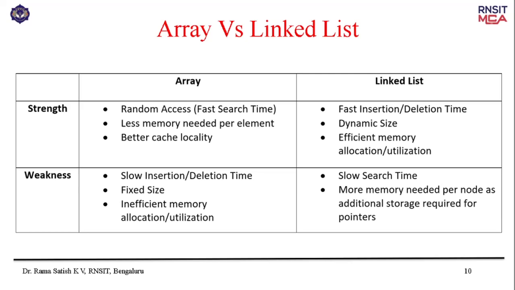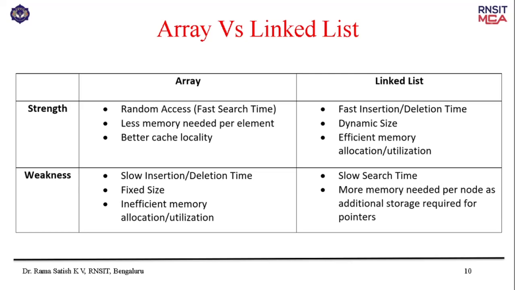Arrays require less memory compared to linked lists, and have better cache locality, so they can easily cache the elements. The problems with arrays are slow insertion and deletion time, and the size is fixed, so memory allocation is used inefficiently.